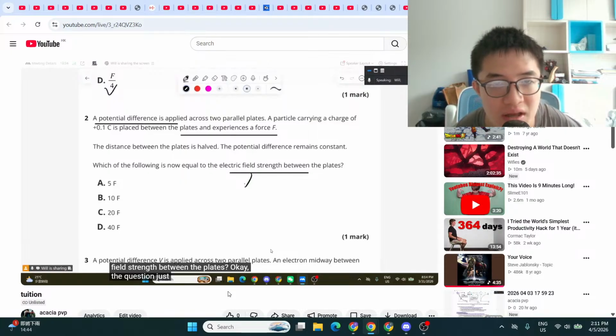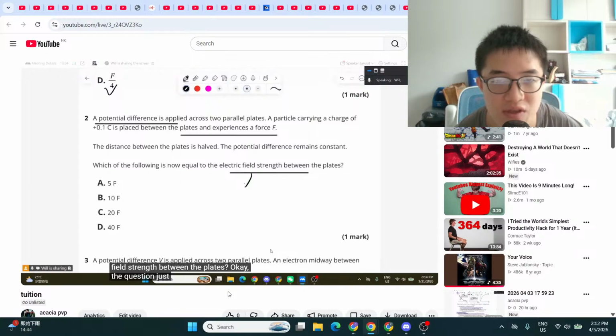Electric field strength. The electric field strength with the distance normal is 10F. Okay? The electric field strength with the distance halved. So E equals V over D, right?